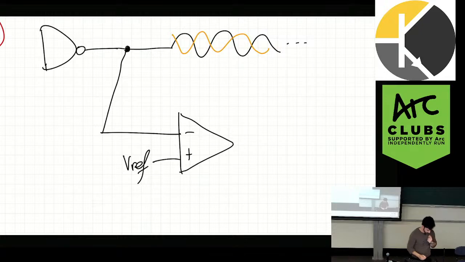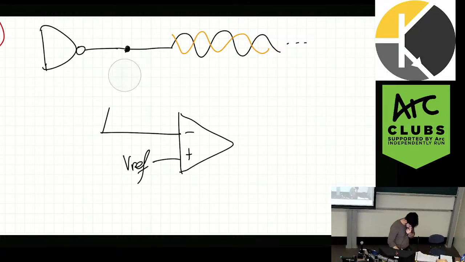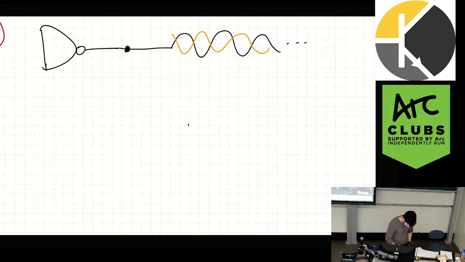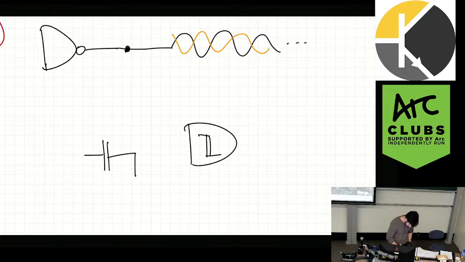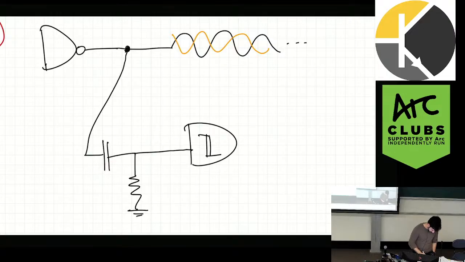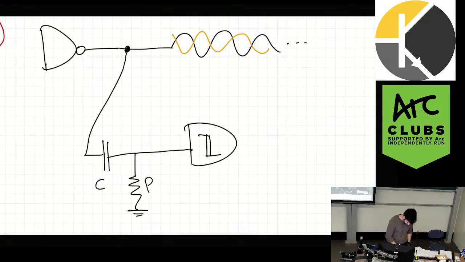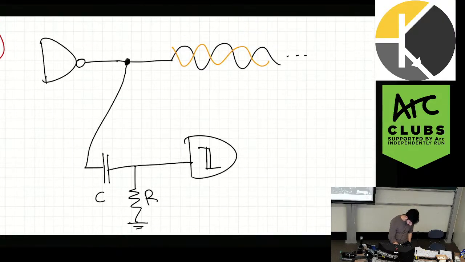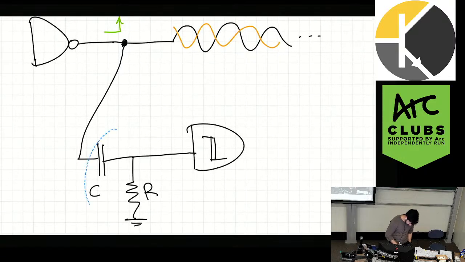So to give you an example, you could have a Schmitt trigger and an RC time constant like this. Now, when there is a change on the transmission line, like this, what happens at the right side of the capacitor?